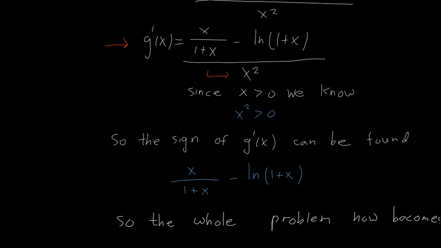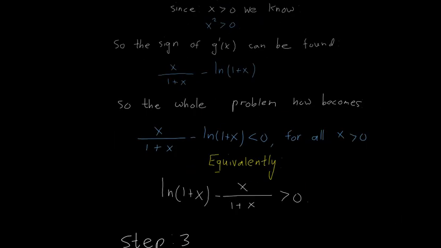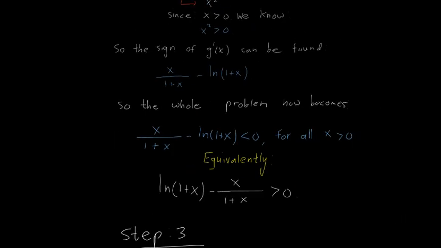So the sign of g prime of x can now be found by taking x divided by 1 plus x minus ln of 1 plus x. Okay. So in reality, the whole problem now becomes x all over 1 plus x minus ln in parentheses 1 plus x, which is strictly less than 0.